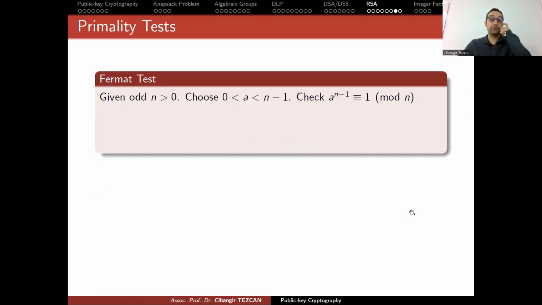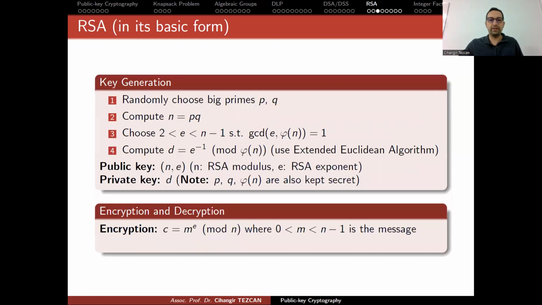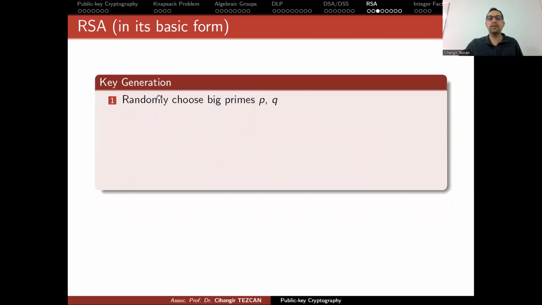All right, let's talk now about the primality tests, which are randomized. The basic one would be the Fermat test. To give the motivation, let's go back to RSA's first step. We say randomly choose big primes P and Q. So we assume that we can check if a number is prime or not, right? Then we multiply them and obtain a number and say that it is very hard to factorize.